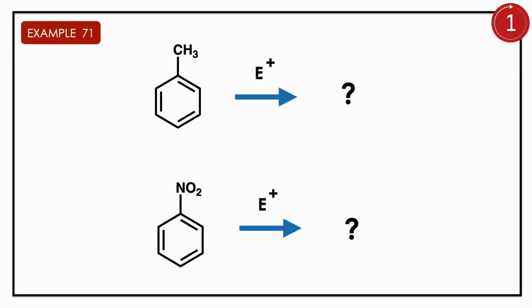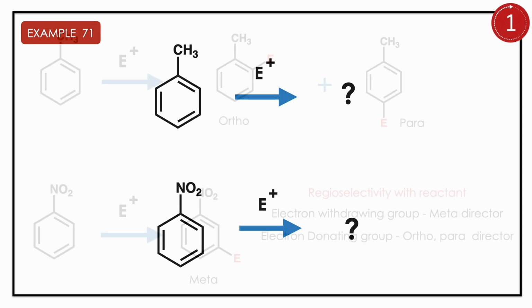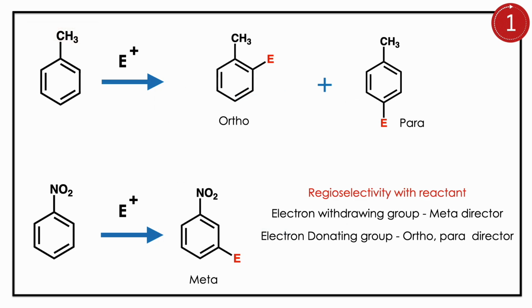Then the next example, it is a classical example, toluene and nitrobenzene reacts with electrophile. You should find what will be the final product. Here electrophile is there. In methyl substitution, ortho and para is stable because of electron density.